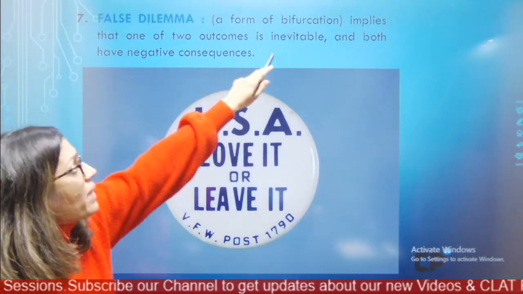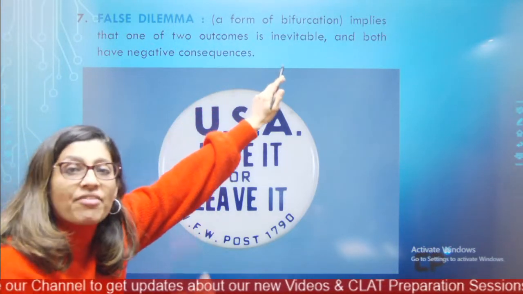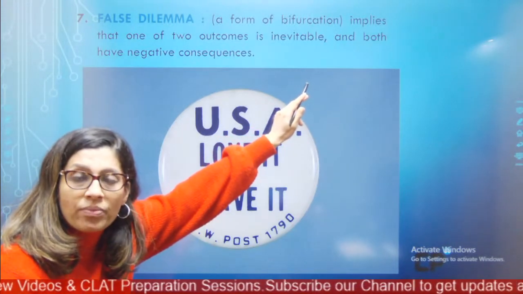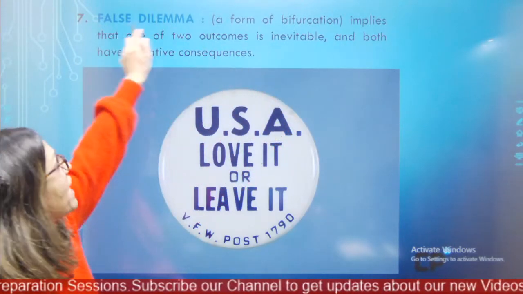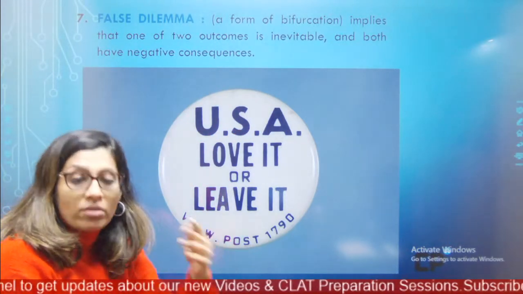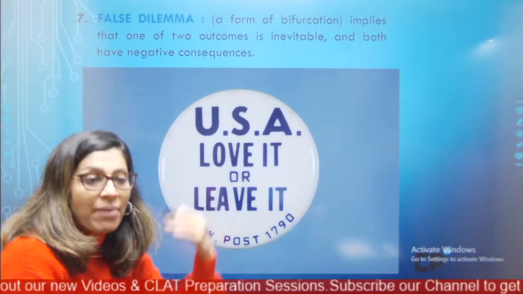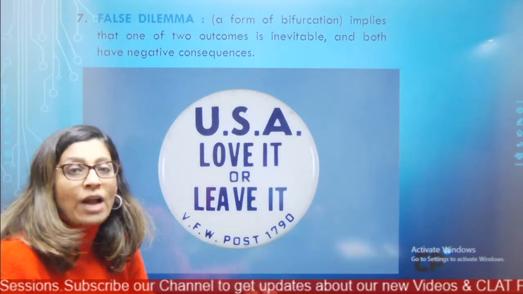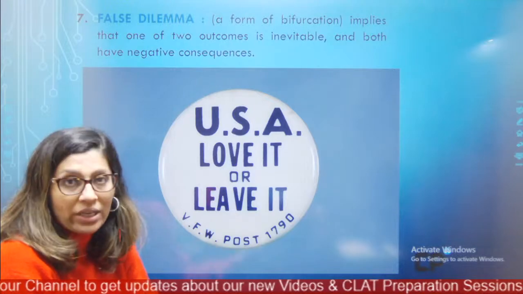So bifurcation means the fault of just giving two alternatives, suppressing other alternatives. Under bifurcation, we have false dilemma and we also have a suppressed correlative. So as I said, false dilemma I'm doing here, suppressed correlative we will take up in the classroom because on this platform it's impossible to teach the whole class.